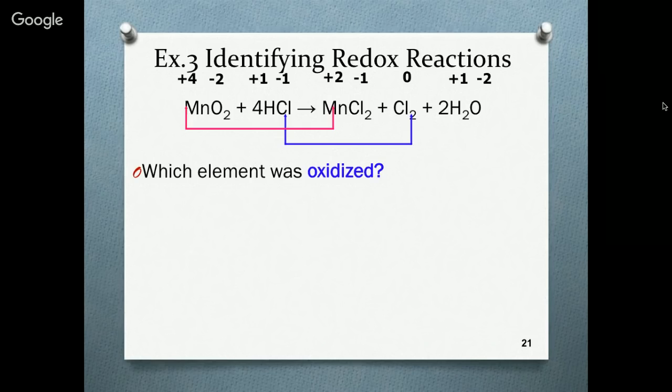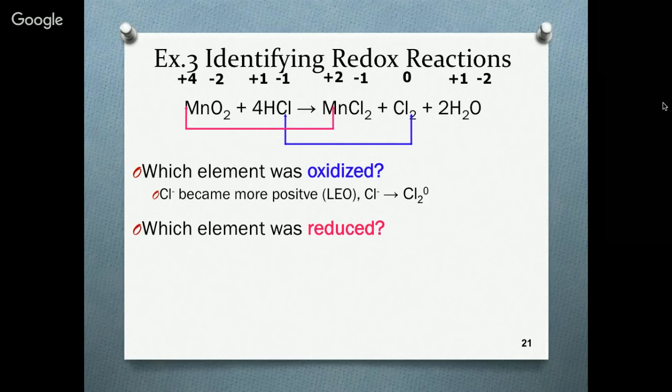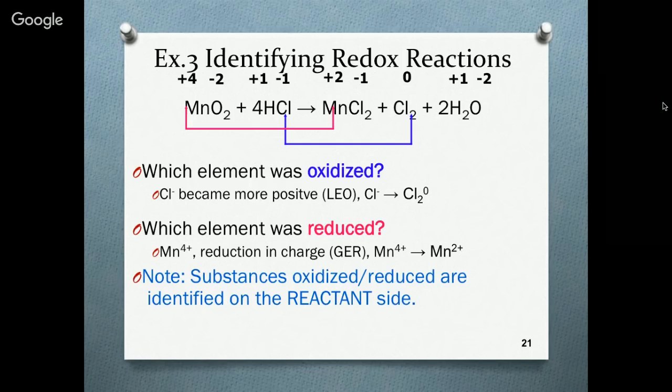So the substance that's going to be oxidized, meaning it's losing electrons and becoming more positive, is going to be the chloride ion. It goes from -1 to 0. And the element that's reduced is Mn4+. It's going from +4 to +2. So when it's reduced, the oxidation number is going down.